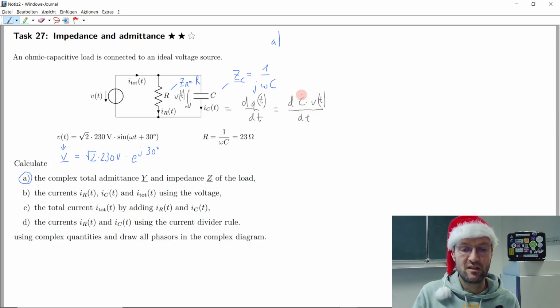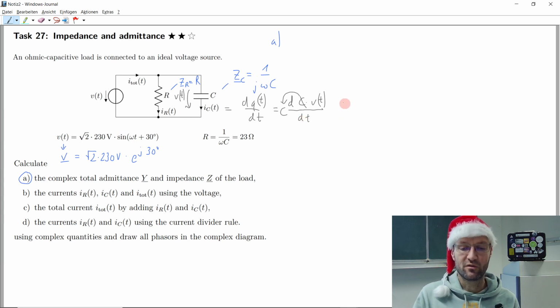And the C does not depend on time, so we can move the C in front of this derivative. Then we have, okay, the current is C times the derivative of the voltage with respect to time. This is what you just said.